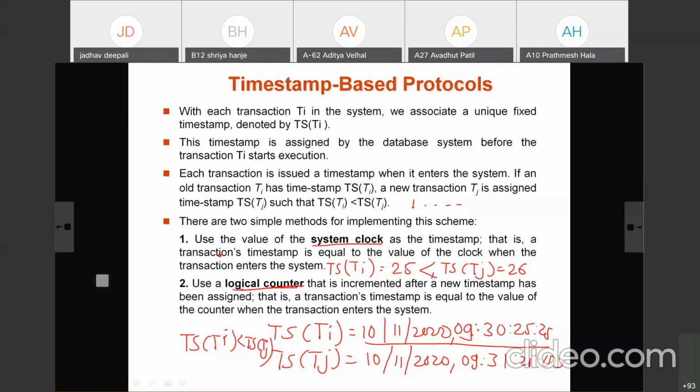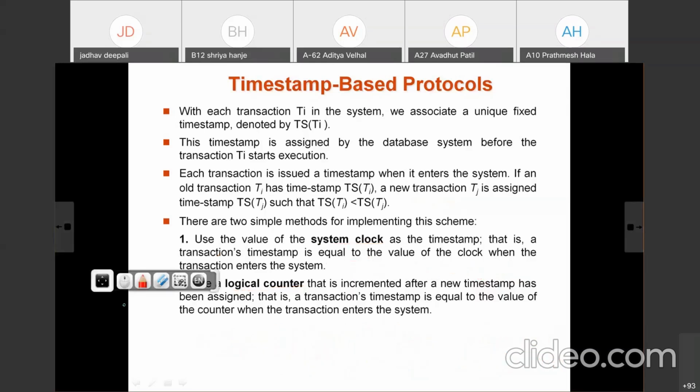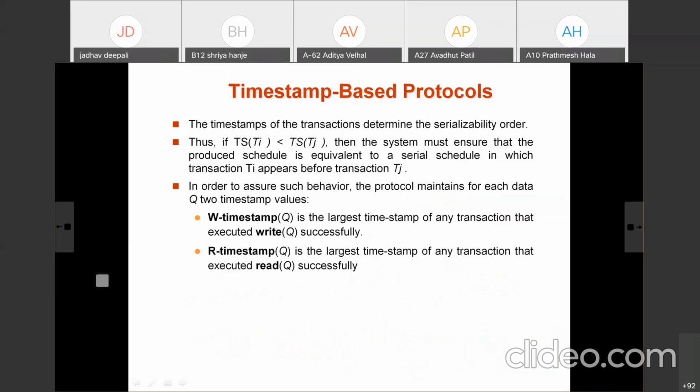When an old transaction TI is there and a new transaction enters the system, then TS(TI) is less than TS(TJ). There are two methods to implement this scheme: either use the system clock or the logical counter. It depends upon the database which method is used.